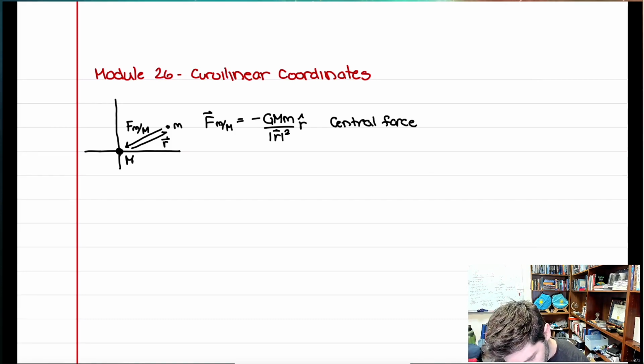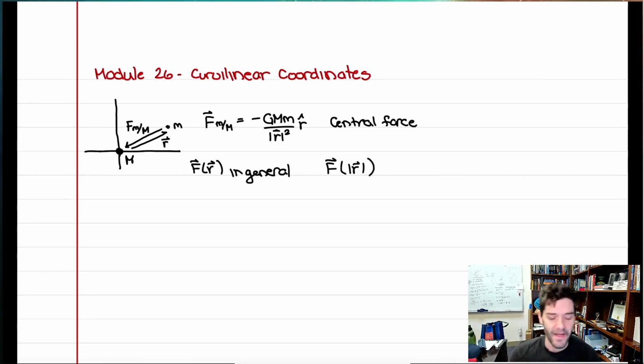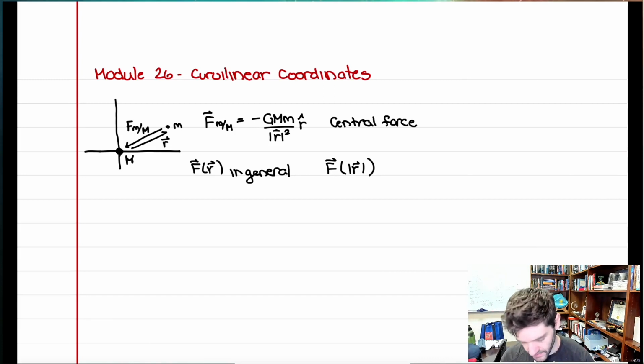While this is written as depending on the vector position, this particular force really is only a 1D function, not of the vector r, but of the magnitude r. If you tell me the magnitude of the position between you and the object, then I'm done. I can tell you the magnitude and the directionality from that more or less alone.